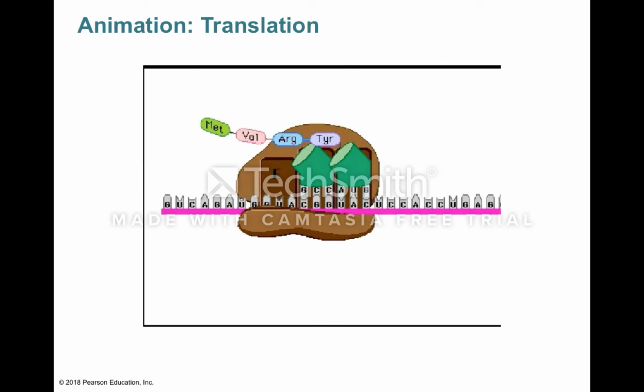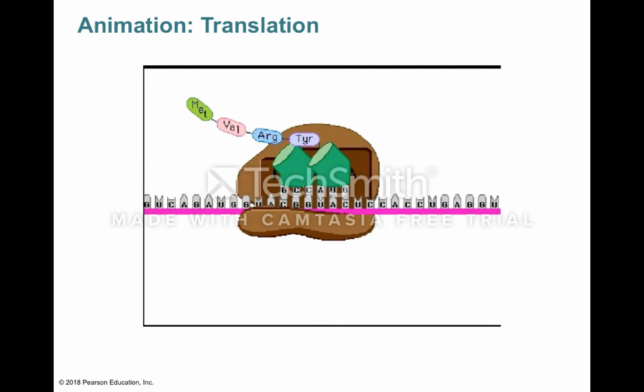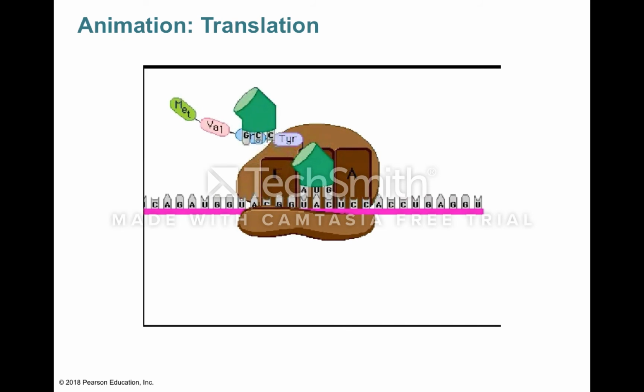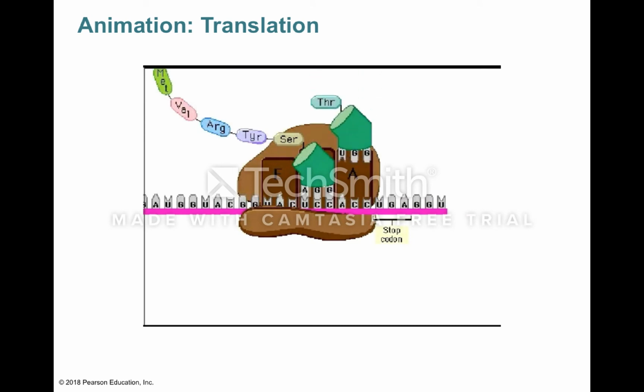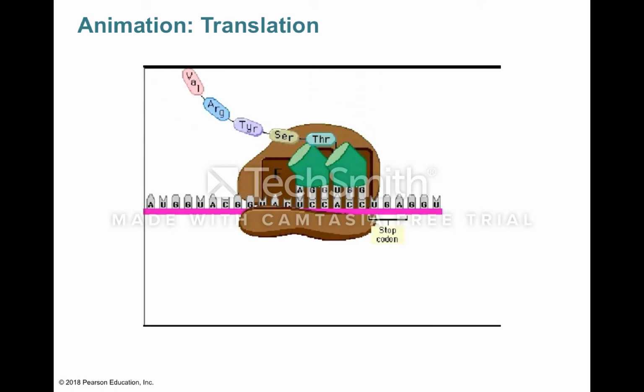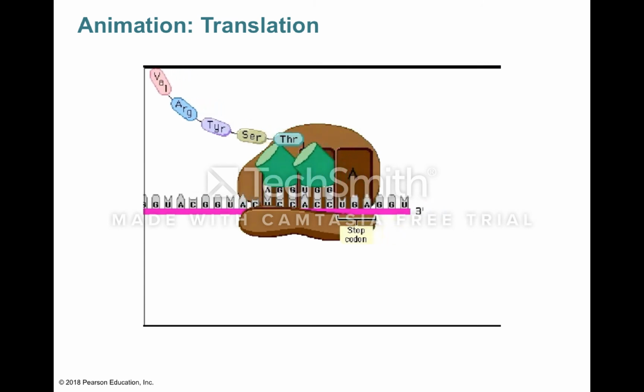Perfect. That's tyrosine attached to arginine, valine, and methionine, all amino acids. So transfer RNA does what? He drops off the anticodon. 3 special base triplets, UAA, UAG, and UGA, do not code for amino acids, but instead act as stop codons, which terminate the process of translation.